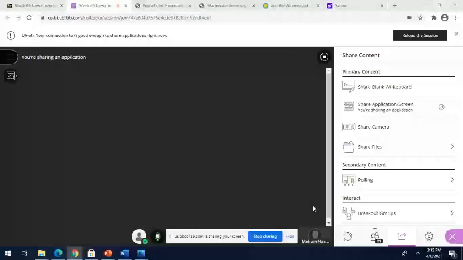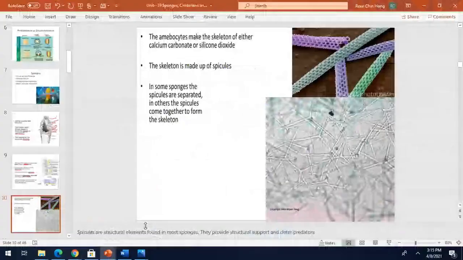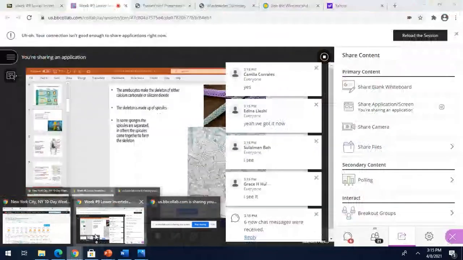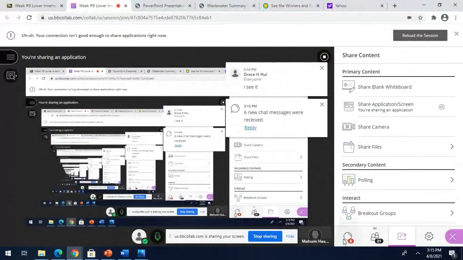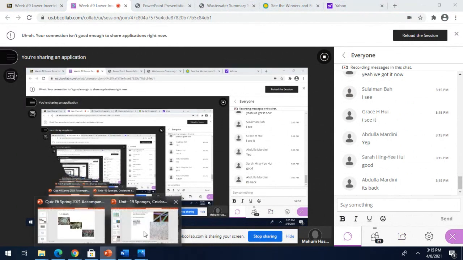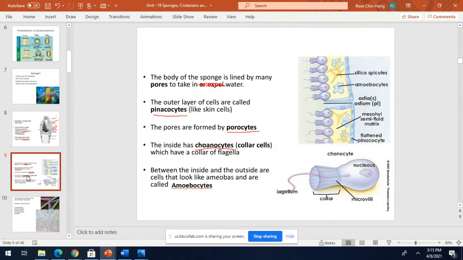Share application screen. Okay, let me do it again. How about now? Okay, great. What I did was come out and do the share again. I was just yammering away and nothing was going. So did you guys see the screen or it just happened?